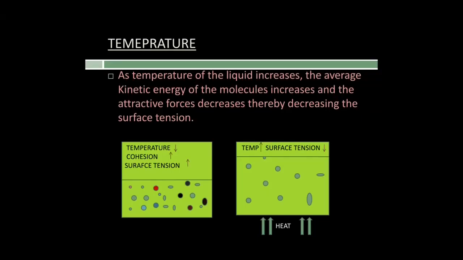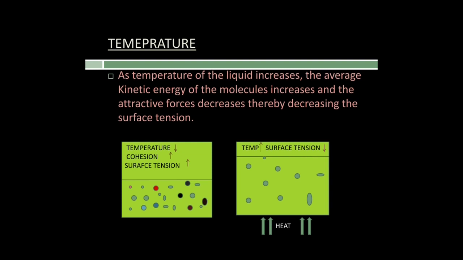For temperature, in short, as the temperature increases, the surface tension decreases. Why? Whenever we are heating up a liquid, the temperature of the liquid increases because energy is transferred to the liquid, which is reflected in many forms, one of which is the average kinetic energy of the molecules.